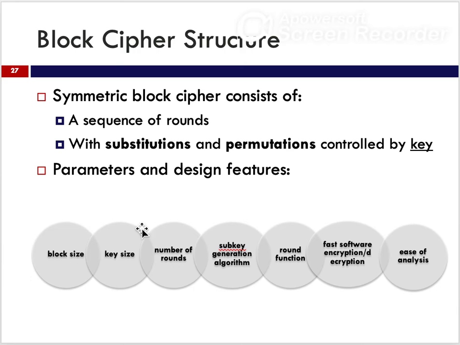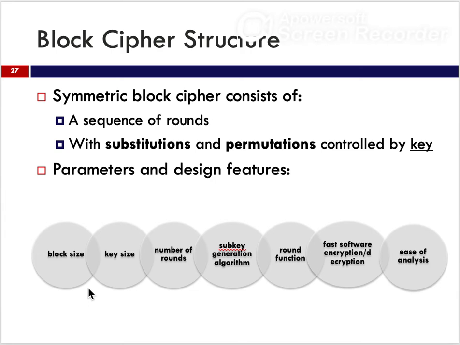The other features and parameters in block cipher design begin with block size. You need to determine the size of the block for the cipher because it is a block cipher. So the size can be like 64-bit, 128-bit, 256-bit. What should be the size of the block? If the size of the block is larger, it is more secure.